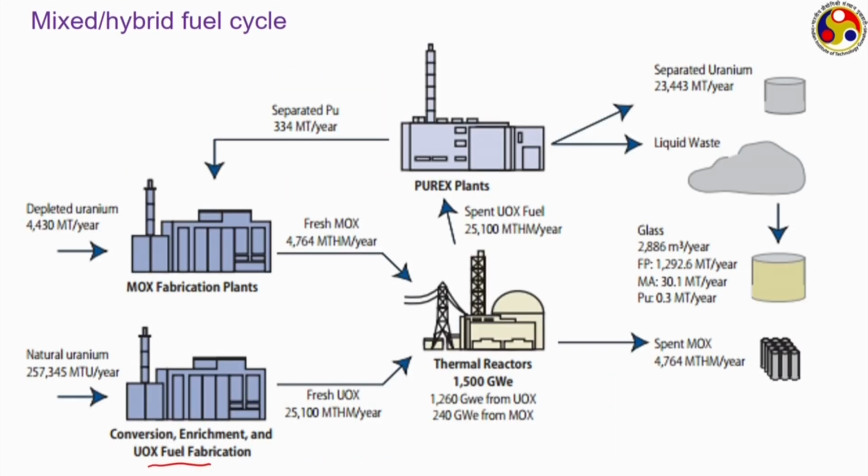The thermal reactor component uses uranium oxide, and the spent fuel from that thermal reactor is supplied to the fast reactor through the reprocessing unit, which produces MOX and harnesses further power from the fast reactor. And finally, you have this mixed fuel cycle, where the same thermal reactor is utilizing both fresh uranium oxide and fresh MOX to give similar level of power output.